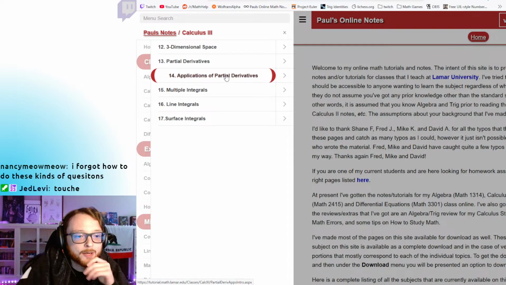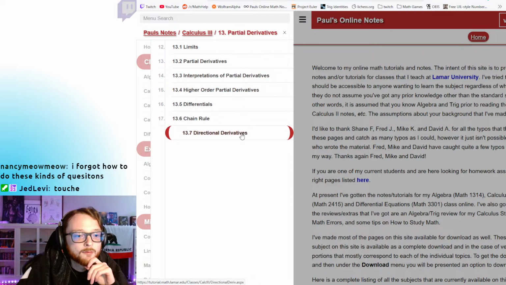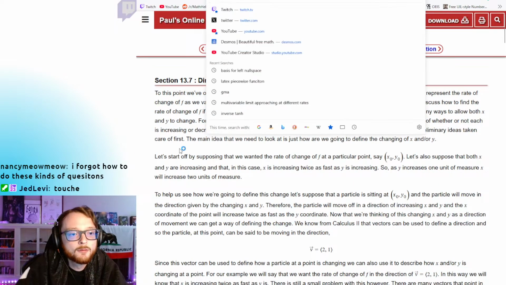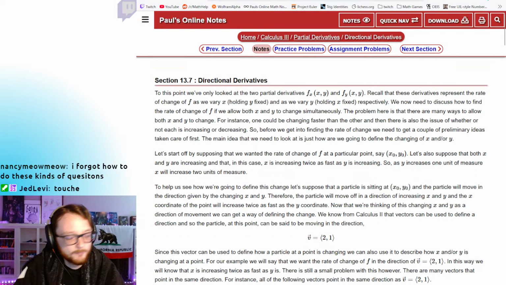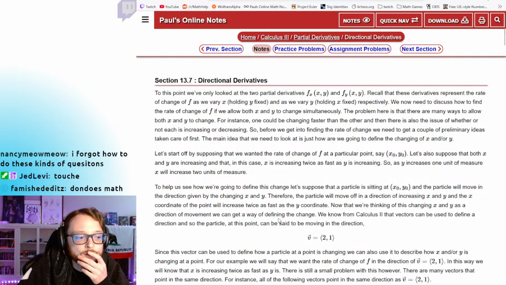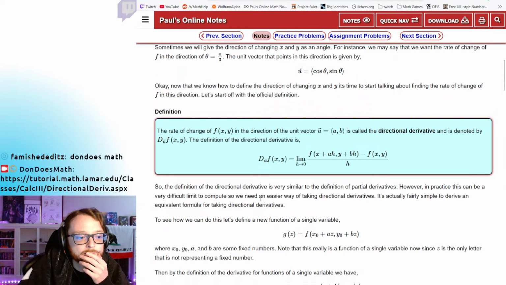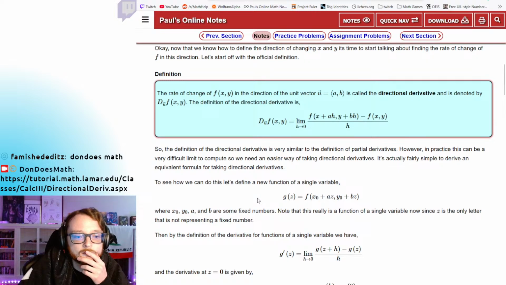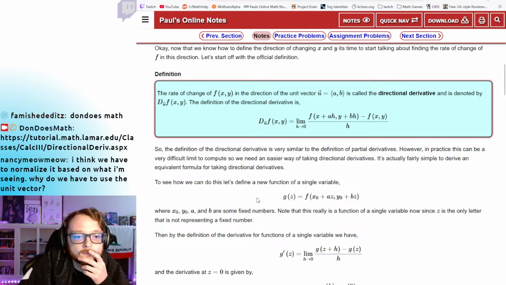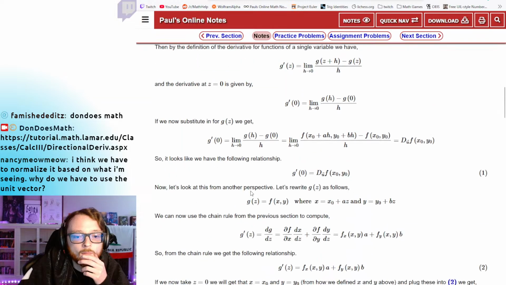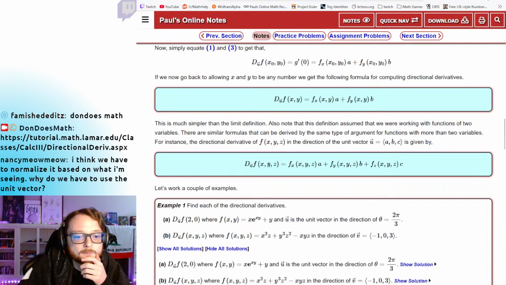I think you get the gradient and you dot it with the unit vector. Hey, famished. It is a gradient dotted with the unit vector.